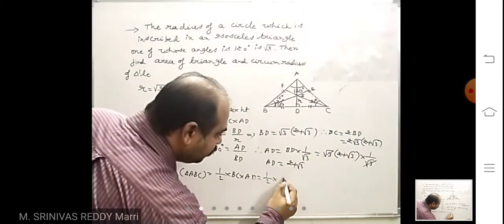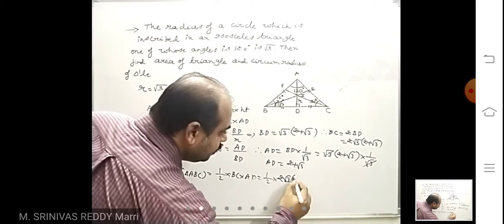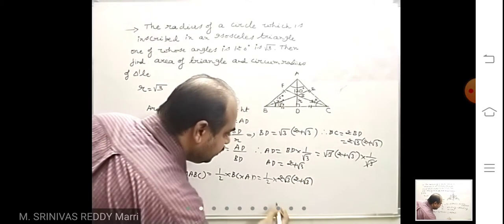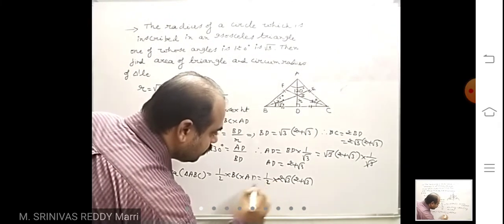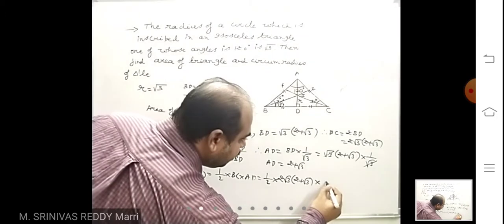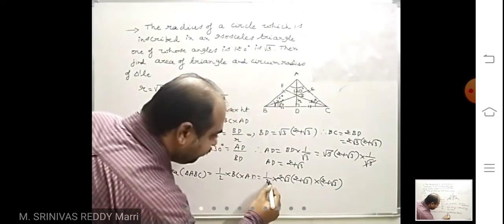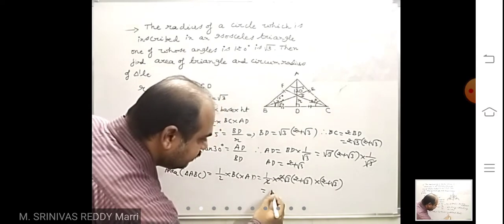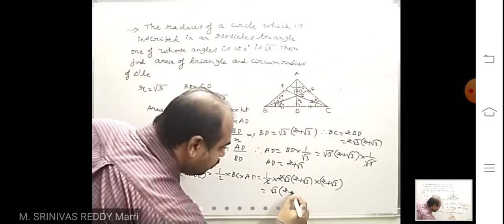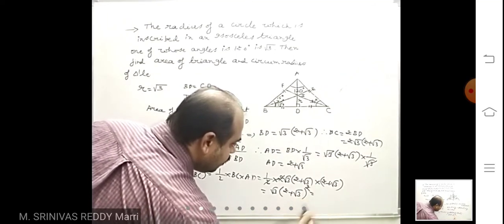Half into 2 root 3 into 2 plus root 3, BC into AD. AD is nothing but 2 plus root 3. So therefore 2 will get cancelled. Root 3 into 2 plus root 3 whole square.